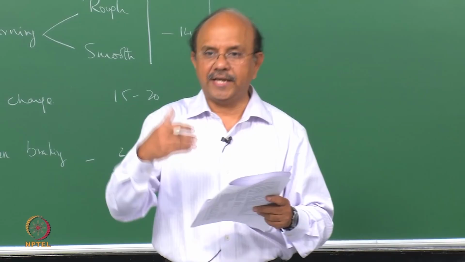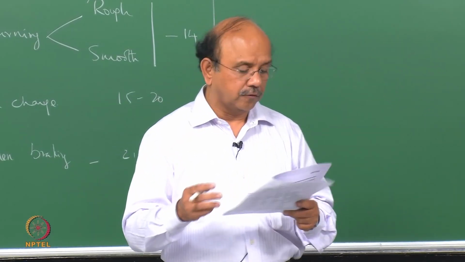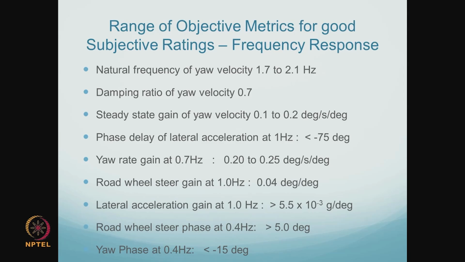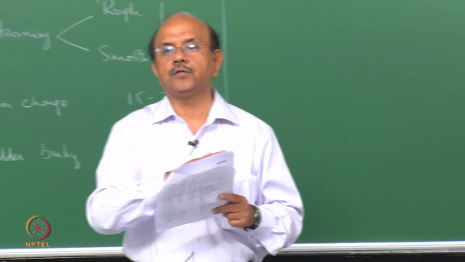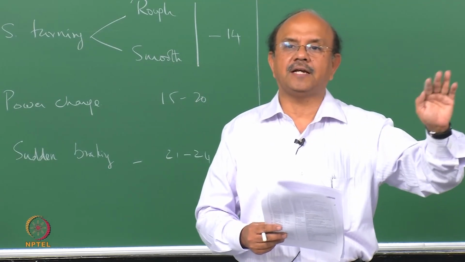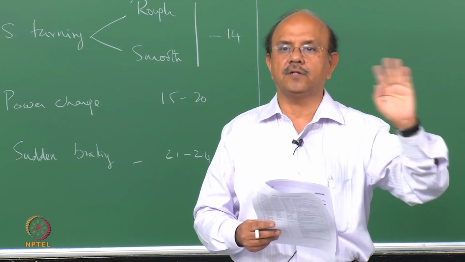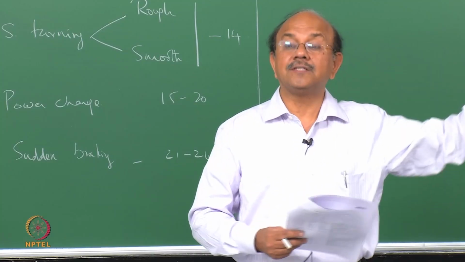So when you change this parameter, say for example, natural frequency of yaw at 0.7 or yaw gain at 0.7, what is the effect on subjective rating is obtained. And he had also defined whether there is a uniform agreement, or the drivers have unequivocally said that this particular parameter is important, and so on. So that is how this is arrived at.